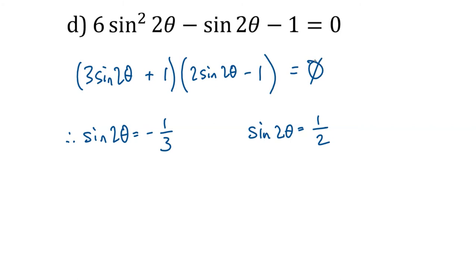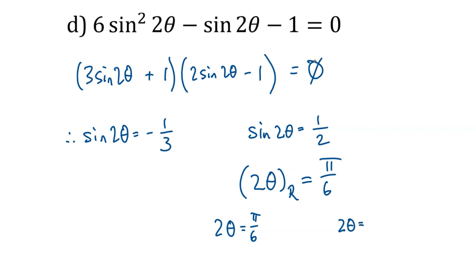That's the easy one. So 2 theta related is pi by 6. Remember, you got to split them first. So 2 theta. This one's positive, so is pi by 6. And 2 theta is going to quadrant 2, 5 pi by 6.